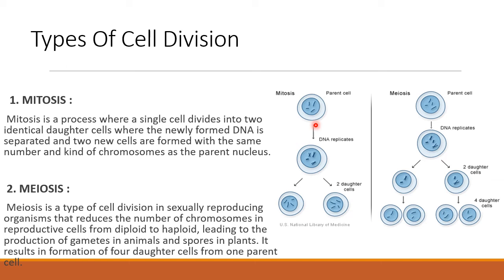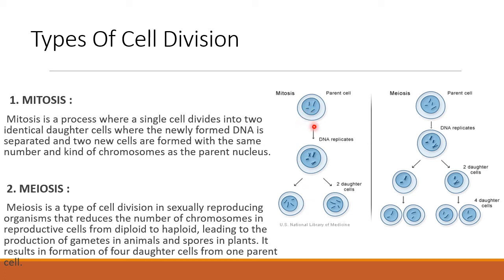Okay, so what we can say is that mitosis is a way of making more cells, because from one single cell two daughter cells are formed, and we learned that it is a process for growth, for increasing the number of cells. So it is a way of making new cells that are genetically the same as their parent cell.